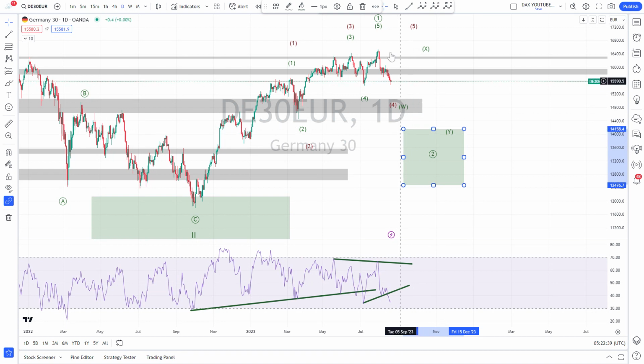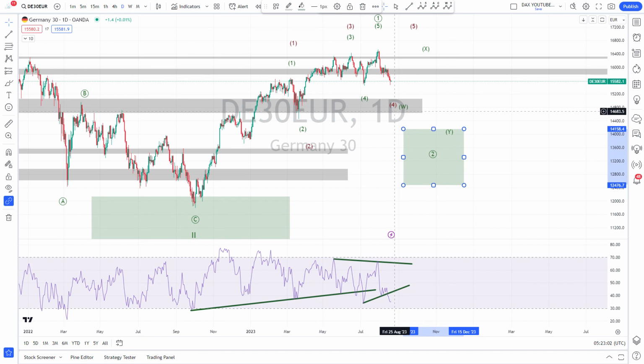For now I chose to go as a WXY structure, because if we look at this, it looks like we are moving in three waves, but of course then this can still become an A, B, C, like this.